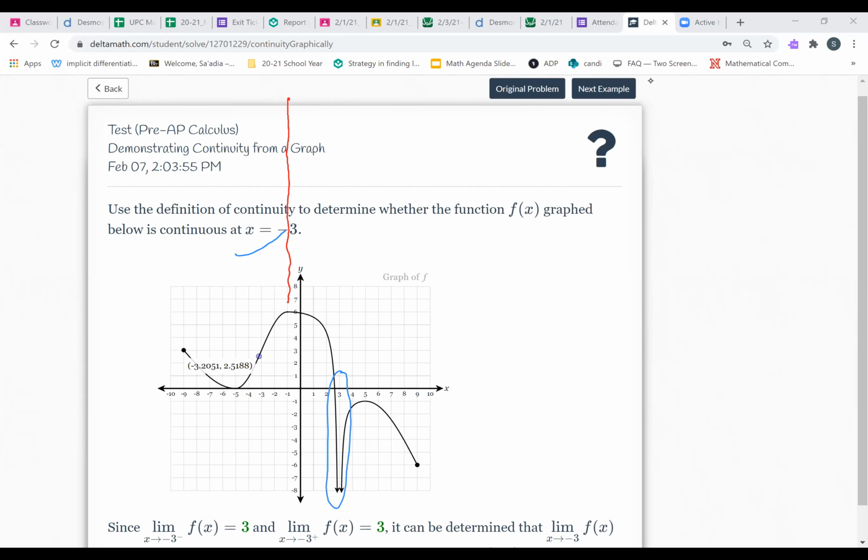Note how I never actually touch x equals 3. So me having arrows near x equals 3, but not touching x equals 3, tells us that at x equals 3, there is a vertical asymptote. Emphasis on the vertical asymptote. So because there is a vertical asymptote, there is an infinite discontinuity.